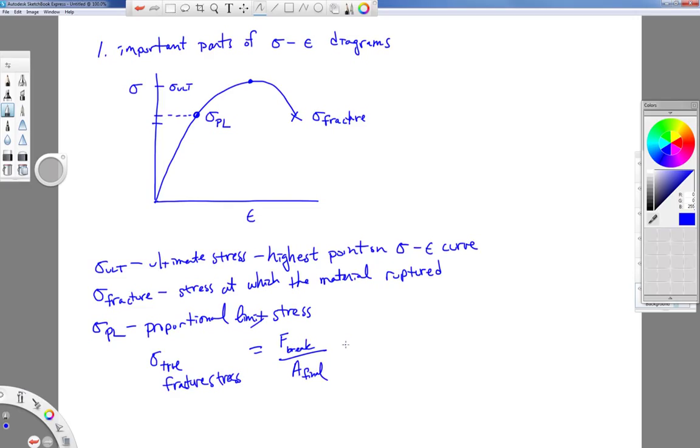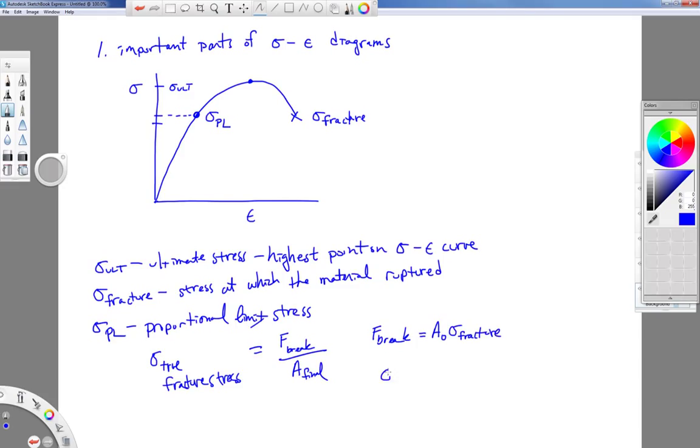After the specimen breaks, you can take those two pieces and measure the final diameter so you can get this final area. Now the breaking force can be found if you know what the fracture stress is. The breaking force is the initial area times the engineering fracture stress.